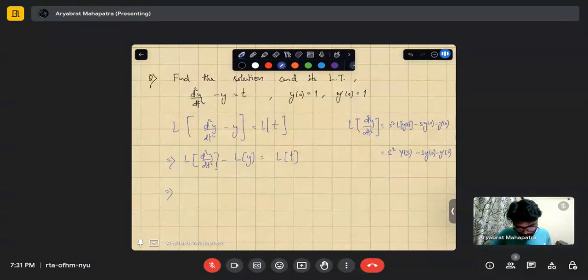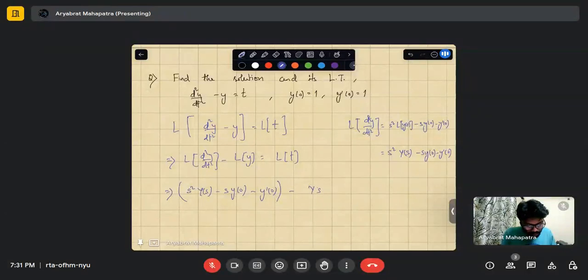Here I can write the results: s square Y of s minus y of 0 minus y prime of 0, minus the Laplace transform of y, capital Y of s. Then the Laplace transform of t is 1 over s square.